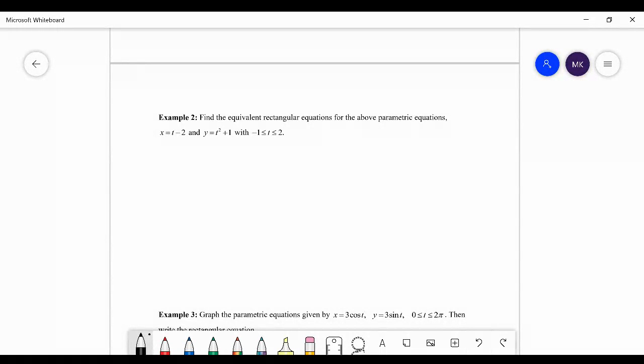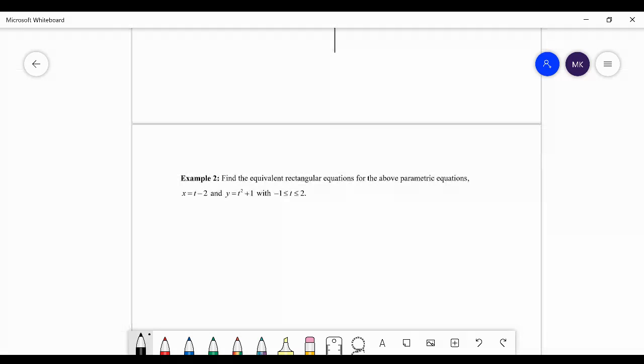So how do we find a rectangular equation for the above parametric equation? What we're really doing is looking at where these two functions are simplest to deal with. So let me make a little note.